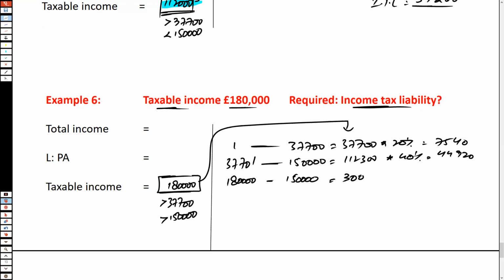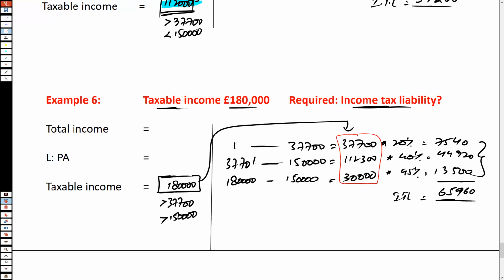The additional amount is 30,000, which is subject to tax at the additional rate of 45%. 13,500 is calculated. Income tax liability is the sum of these three amounts, 65,960. To confirm whether you performed correctly or not, the sum of these three values should be equal to 180,000.